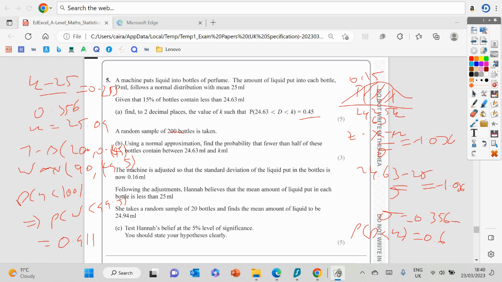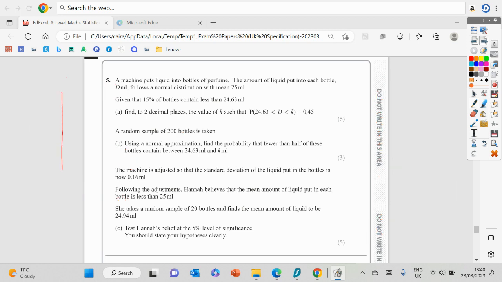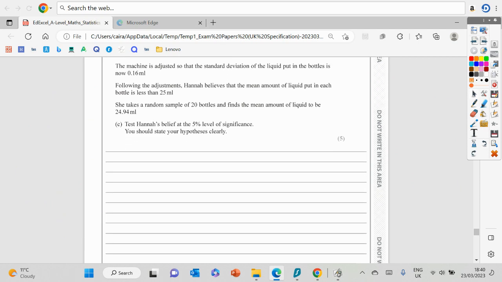The last bit, we're doing a hypothesis test, so we'll put that on a new page. We'll also just bring the screen down a little bit so I've got a bit more room. So the hypothesis test goes, we set up what the mean is, which is H0, which is mu equal to 25.